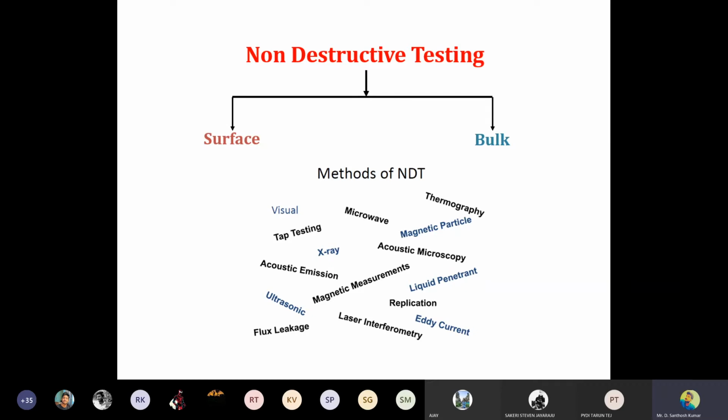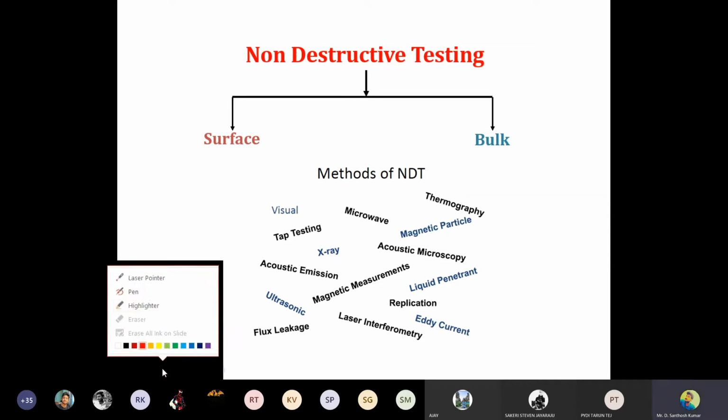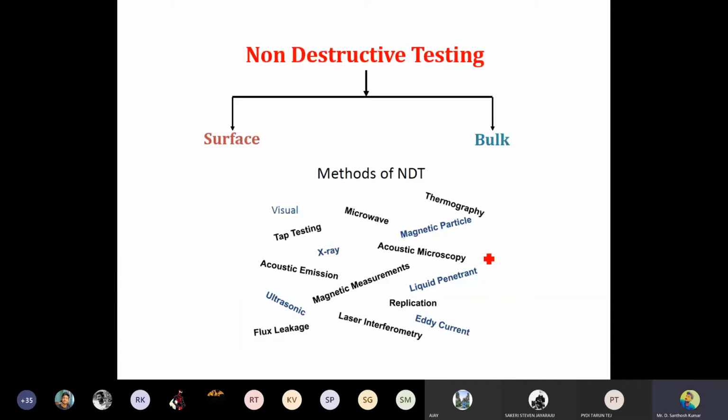You can see here, for example, liquid penetrant. Liquid penetrant is a surface method.